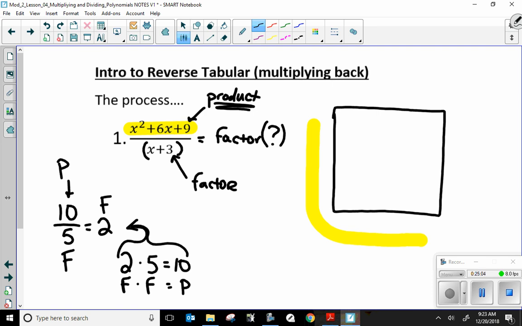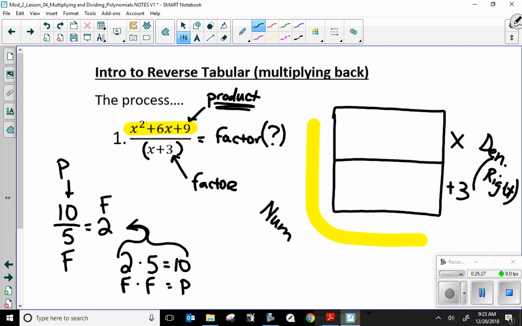Am I missing any terms here? I am not. So that denominator goes on the outside. I know it's x and a plus 3. I always put this here. So if you want to make a note, your denominator goes on the right, and your numerator, which is your product, wraps around the outside.